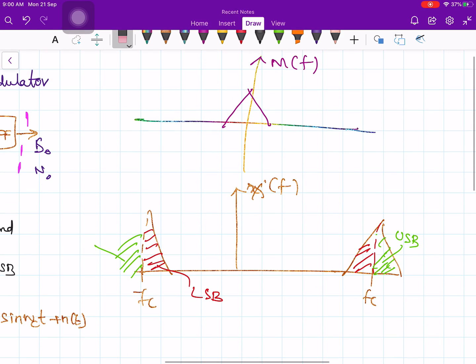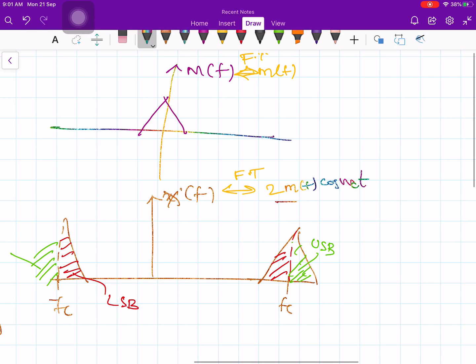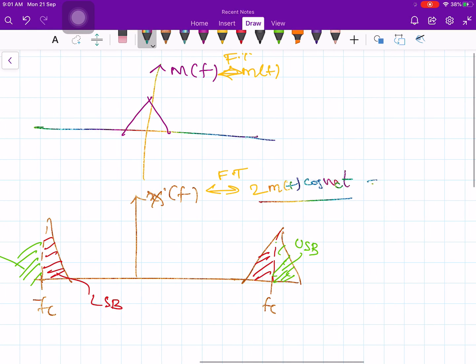In the time domain, this is 2 times m of t cos omega ct. What is the power of 2 times m of t cos omega ct? It is 2 times m square of t whole bar.